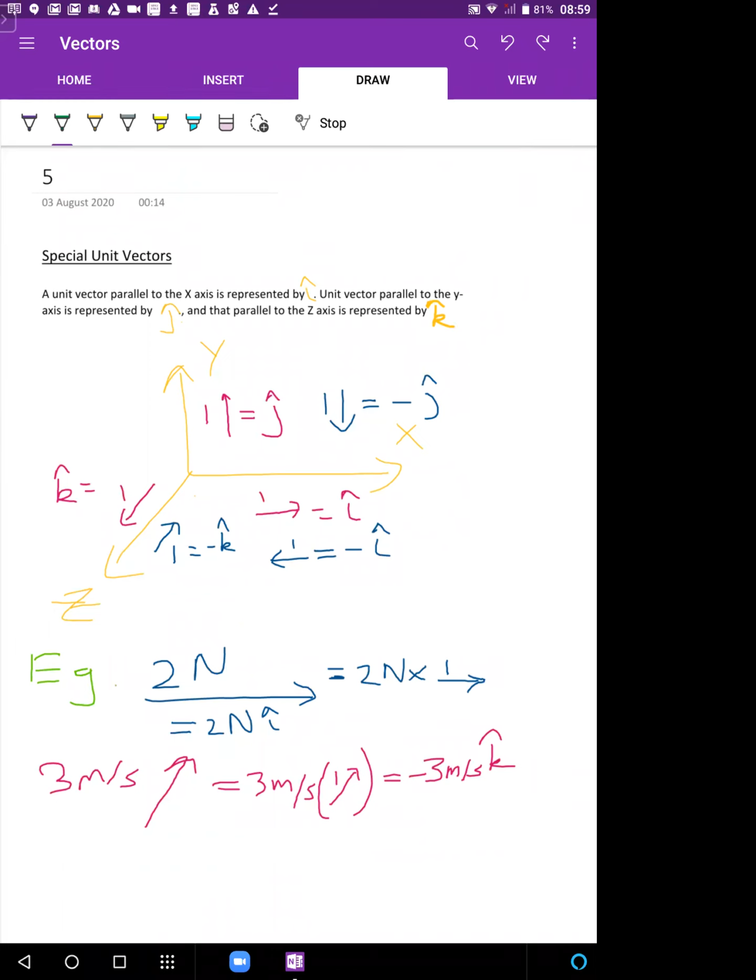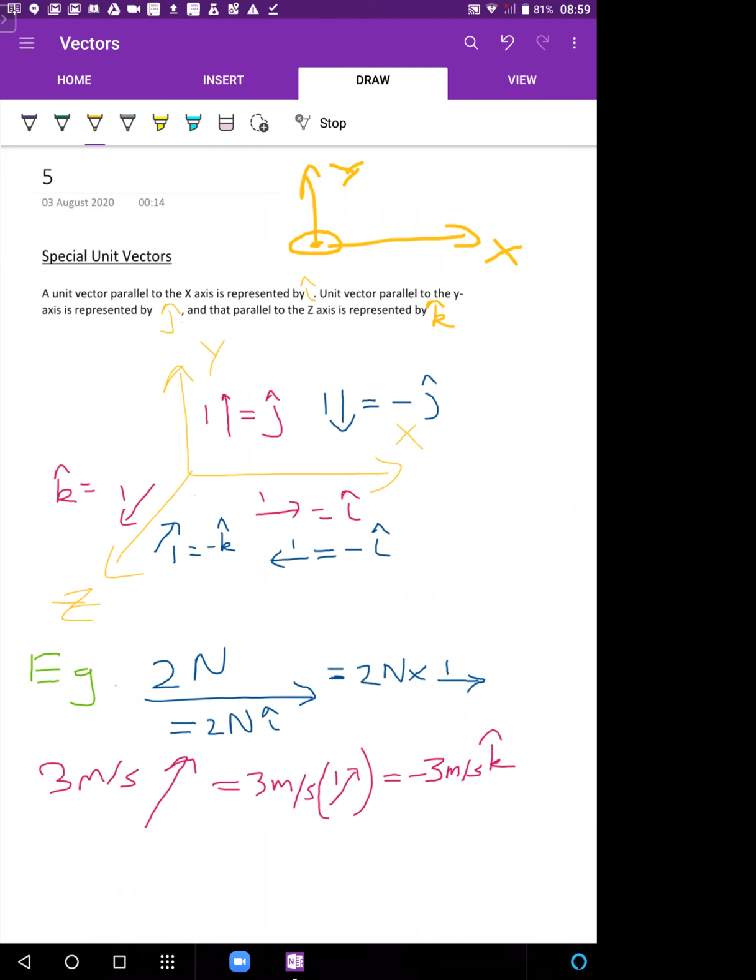Okay. How had I represented Z earlier? I had represented vectors coming out of the plane with this kind of arrow, with that kind of symbol.